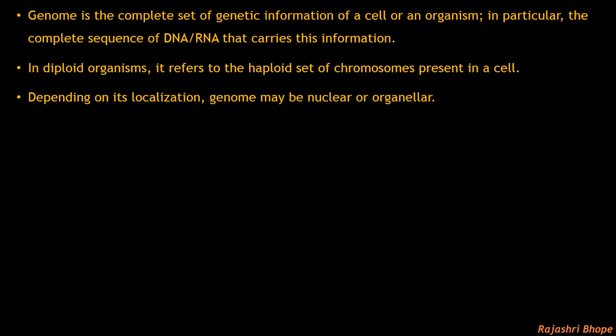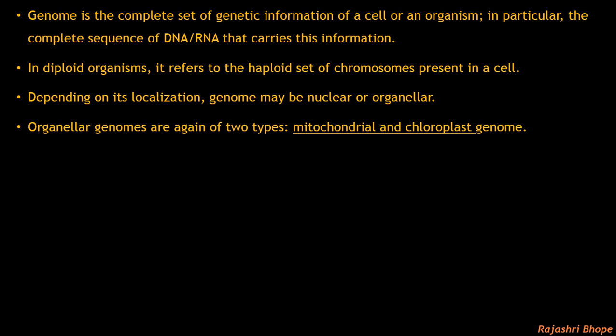Depending on its localization, genome may be nuclear or organellar. Mitochondria and chloroplast are the two organelles which have their own genome. So genome is either nuclear or organellar depending on its localization. Organellar genomes are of two types, mitochondrial and chloroplast genomes.